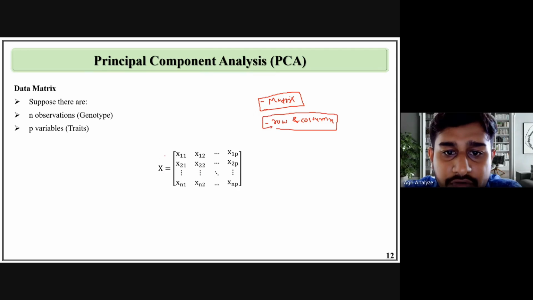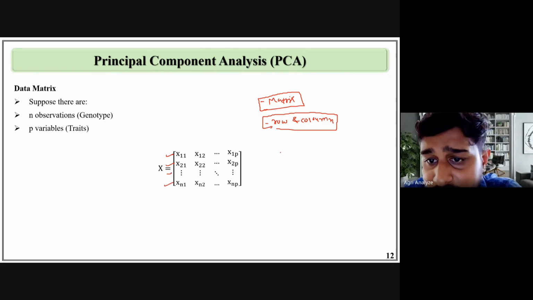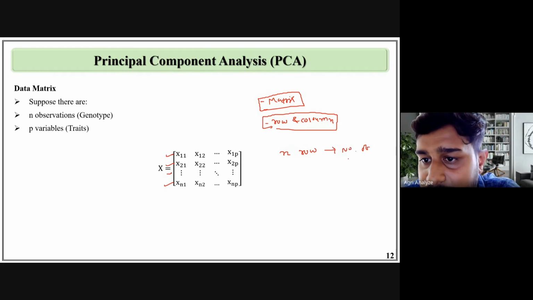This is the row of our matrix x1, x2, 1, 2, 3, 4 up to n. Here n rows is considered as the number of genotypes.